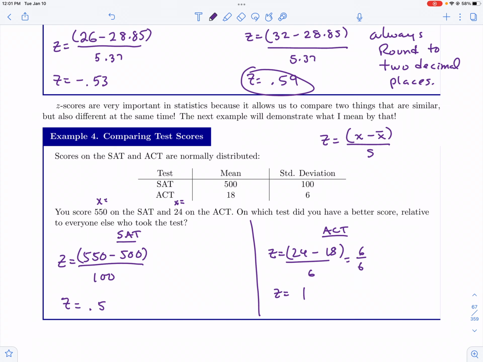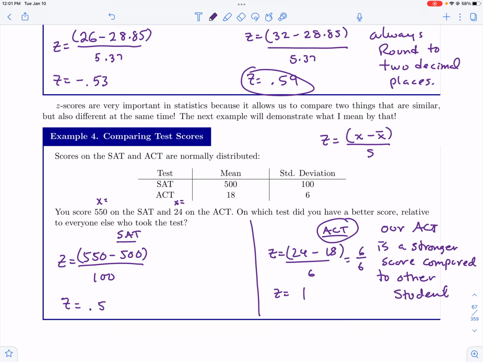So since our z equals 1, compared to our z equals 0.5, our ACT is a stronger score compared to other students. So if we only could submit one score, our ACT is going to give us a better chance at admission to colleges than our SAT would.